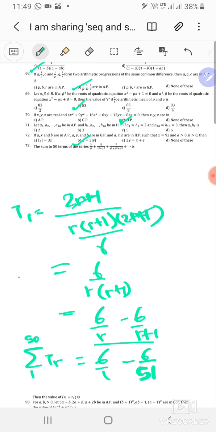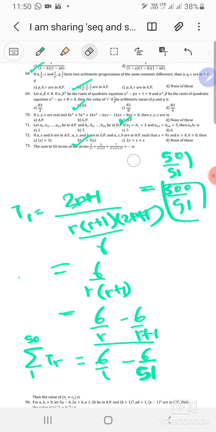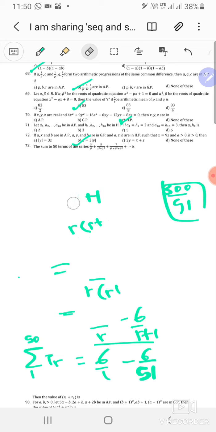That works. So 6 upon 1 minus 6 upon 51, so 6 into 50 upon 51, which is 300 upon 51. That's our answer. Okay, let's see if that's the correct answer.